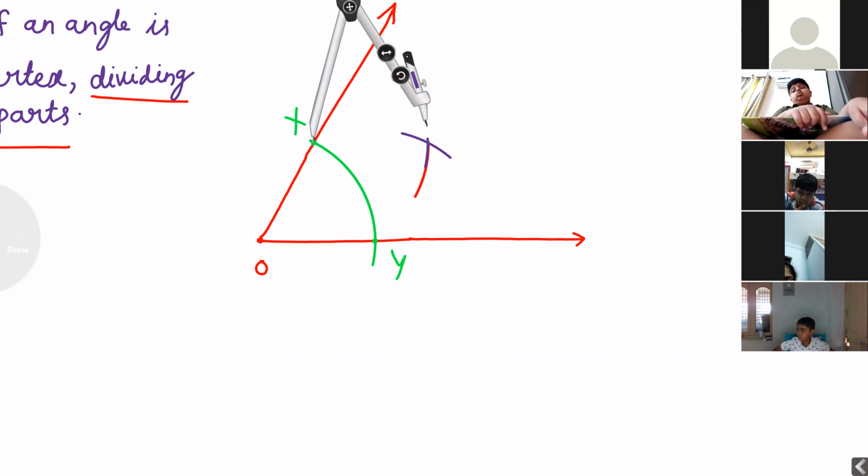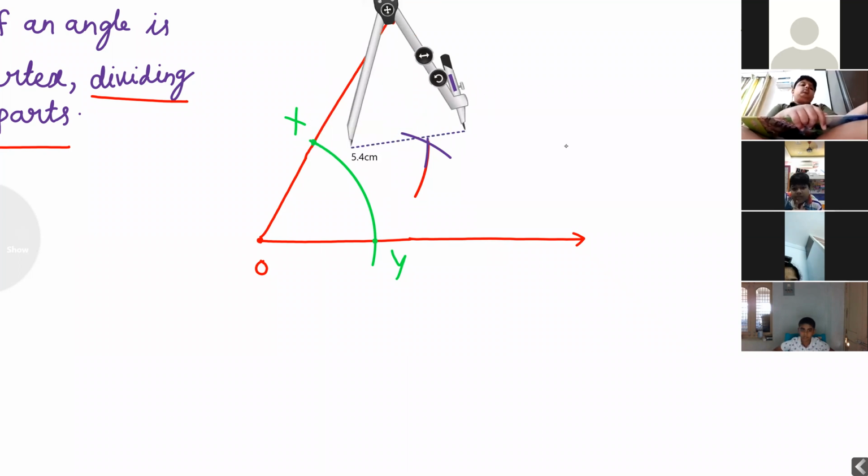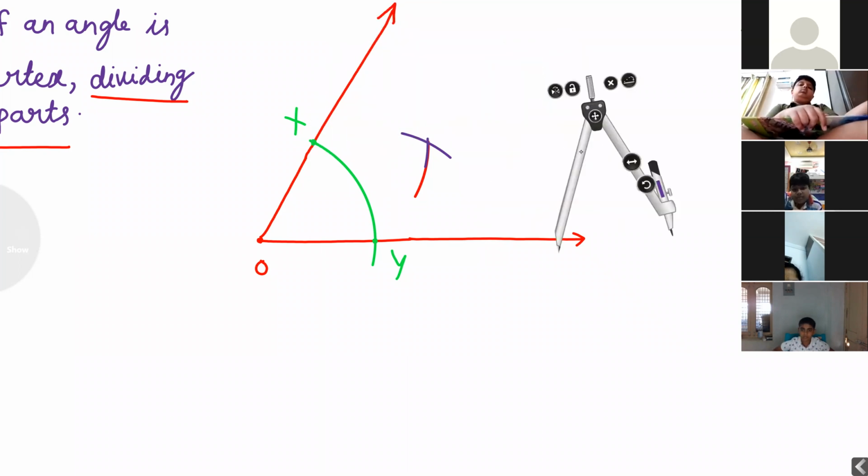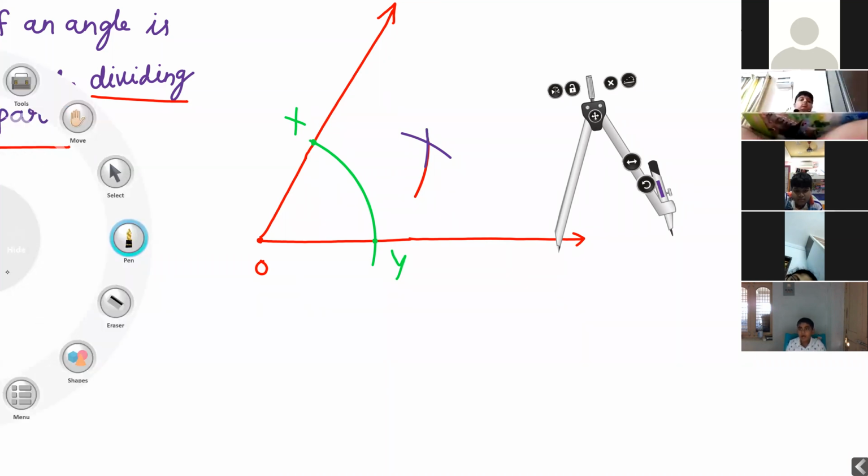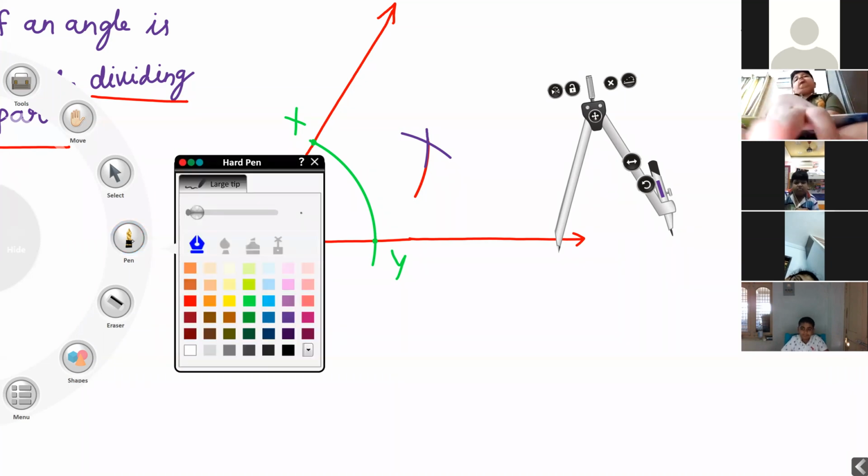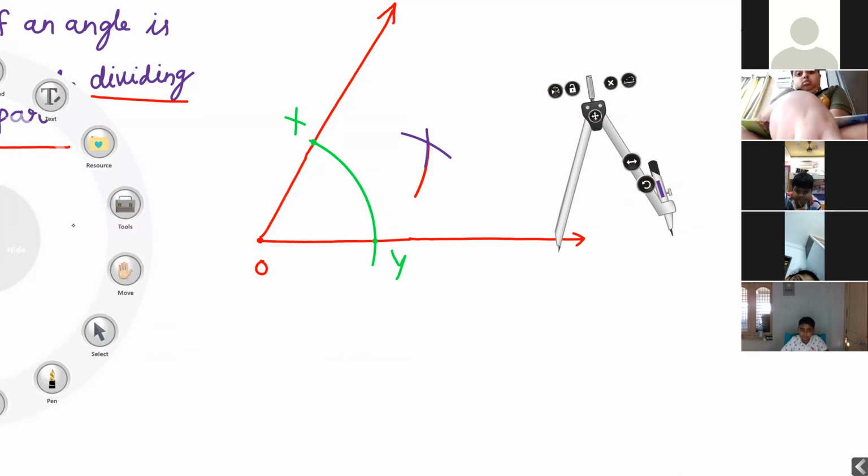You are observing, students. These two arcs are meeting at one point. Now I want to join the point where these two arcs meet with point O. With the help of a scale, I join this line.